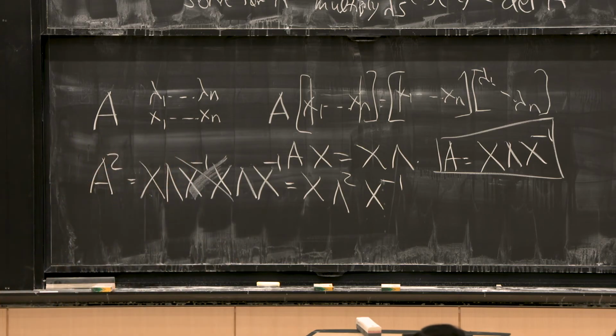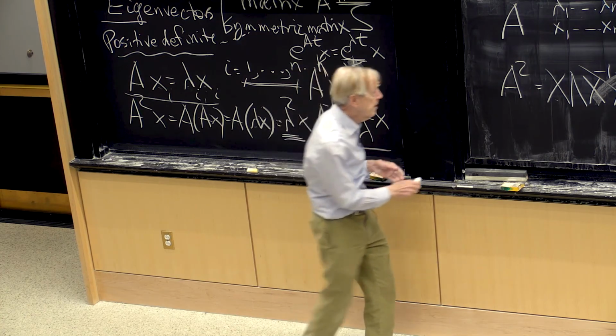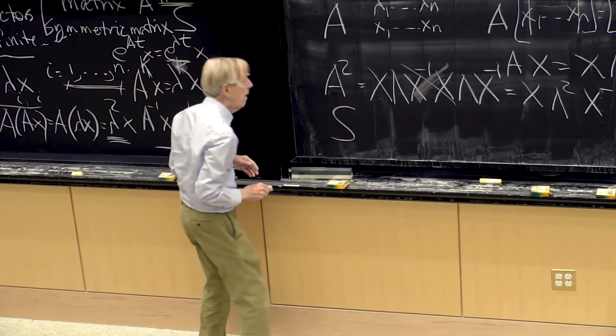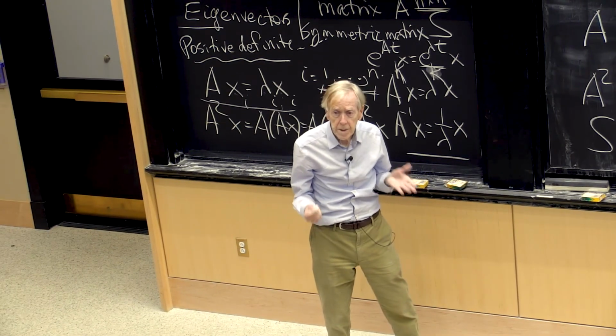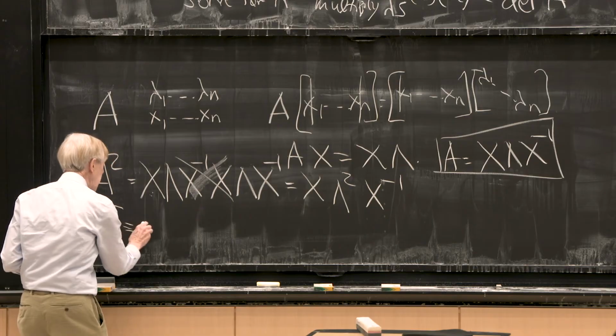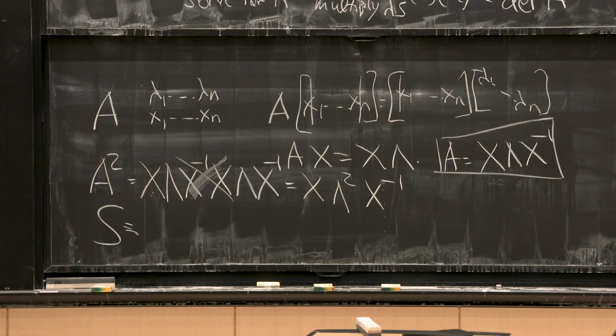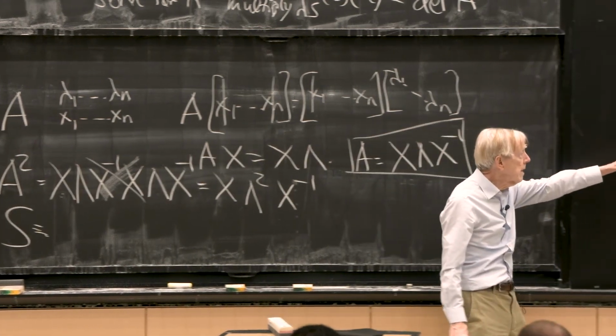Okay, and now finally, last breath: what if the matrix is symmetric? Then we have different letters. That's a significant change. The eigenvector matrix is now an orthogonal matrix. I'm coming back to the key facts of what makes symmetric.